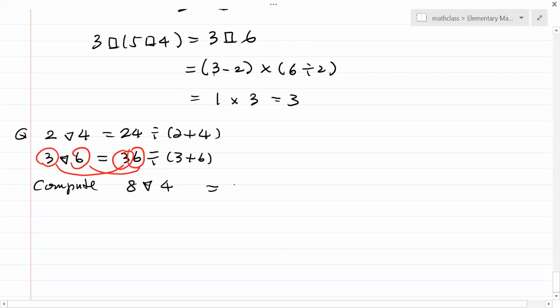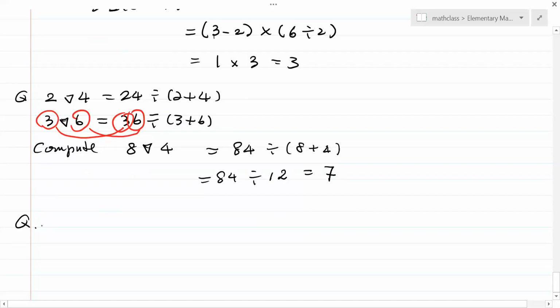Okay, so it's going to be 84 divided by 8 plus 4. Okay, so 84 divided by 12. 84 divided by 12 is going to be what? 7, yeah. So it's 7. Good.